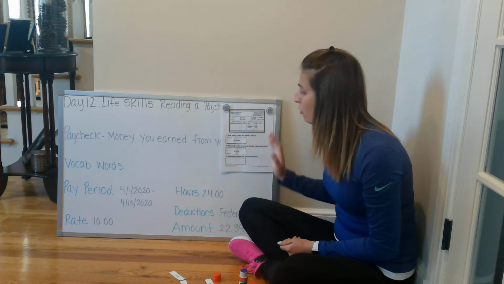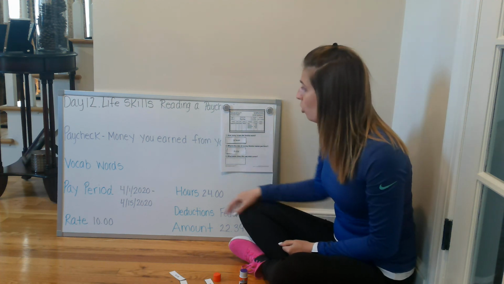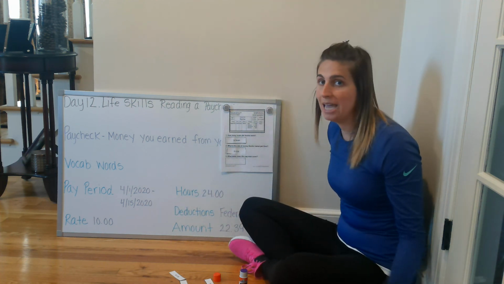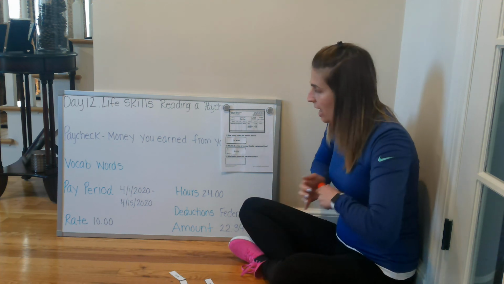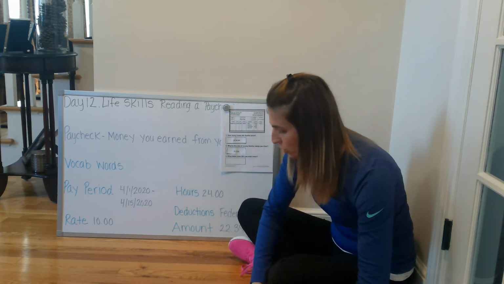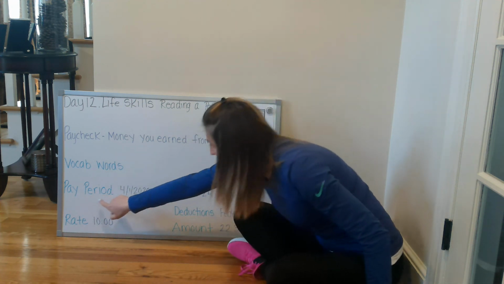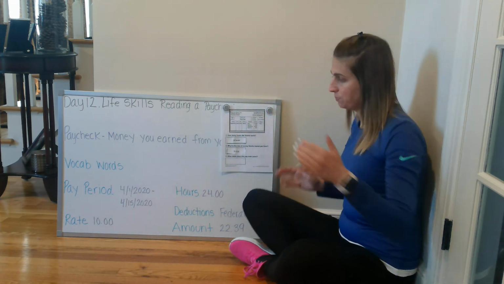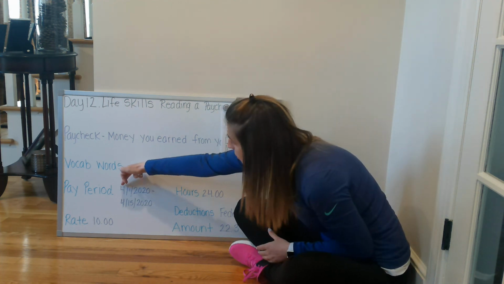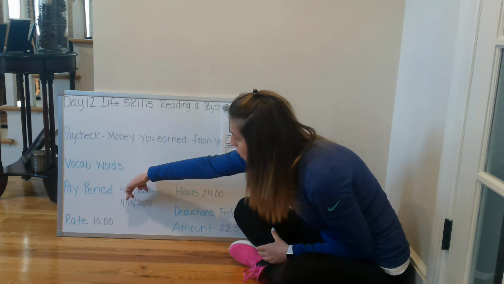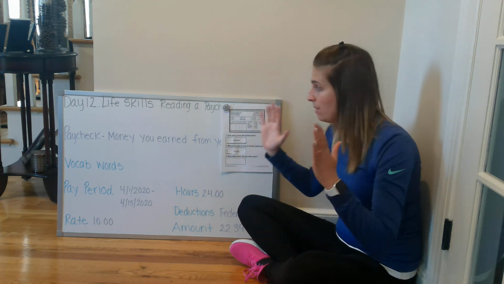Okay? But before I send you off on your own, let's just go over these vocab words again and their meaning to also help you with some of the questions. So as I say each of the vocab words, you can repeat back after me. So pay period indicates the time frame that the paycheck is happening. So for 4/1 through 4/15, okay, that's the pay period.